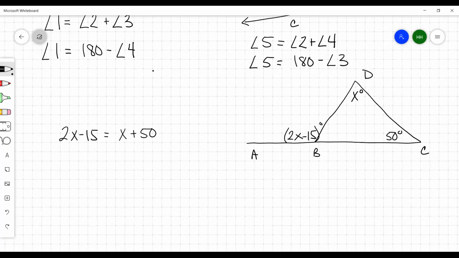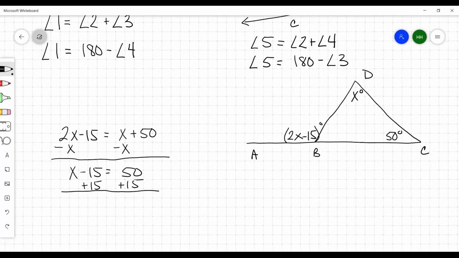So we can solve for x and we can substitute. If you subtract x from each side, we get x minus 15 equal to 50. You can add 15 to each side, and your x will be equal to 65.